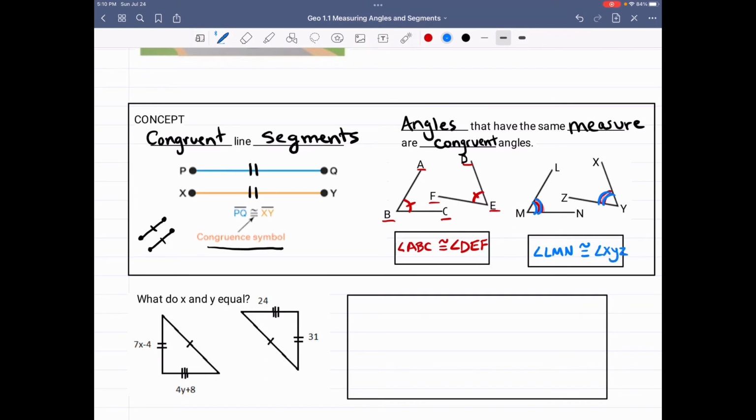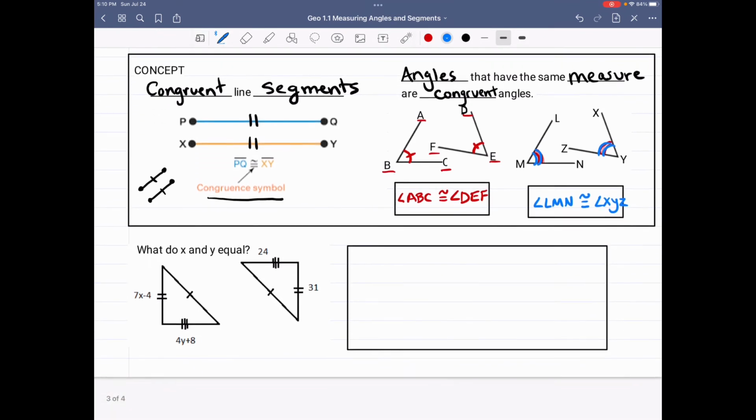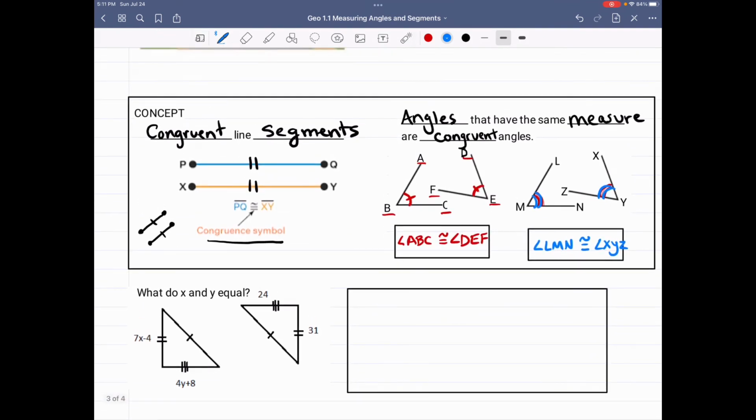All right, the next problem, the bottom of your page. What do x and y equal? Interesting, and we're going to use our congruent segments to help us out here. So we have 2 tick marks on that triangle and 2 tick marks on that side of the triangle. And that means that those are equal sides in measure.